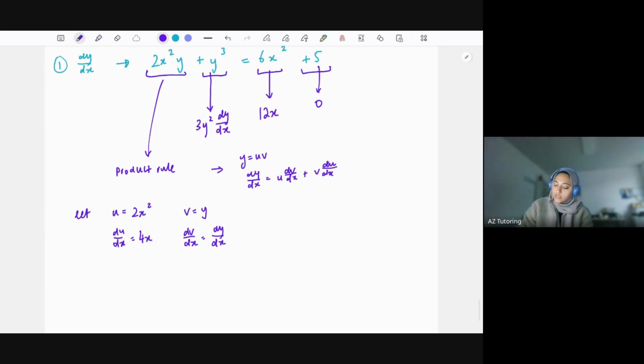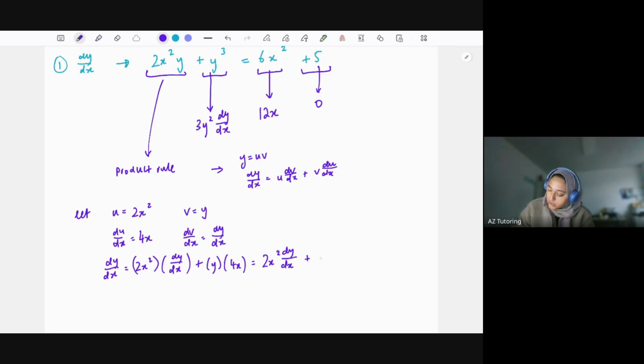So plugging everything into here now, dy over dx equals u, which is 2x squared, times dv over dx, which we've just worked out is dy over dx, plus v, which is y, times du over dx, which is 4x. Simplifying that, we get 2x squared dy over dx plus 4xy.